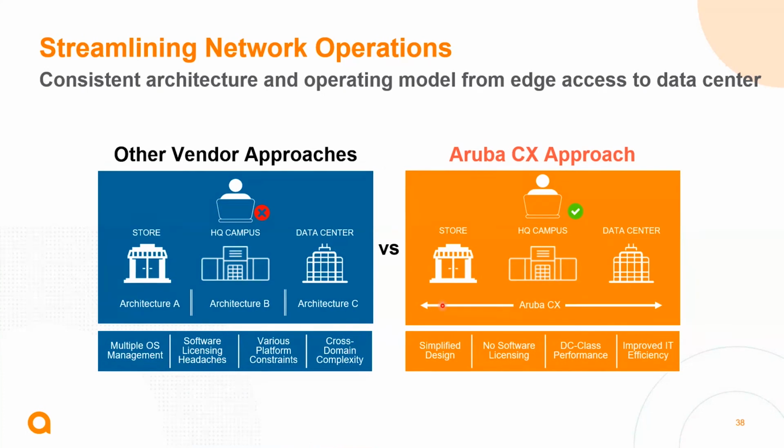We use one switch portfolio from the campus to each type, going to the data center. We have simplified devices with no software licensing, data center class performance, and improved IT efficiency.